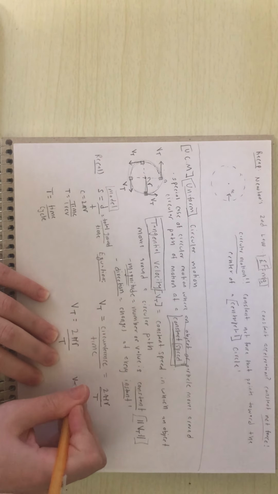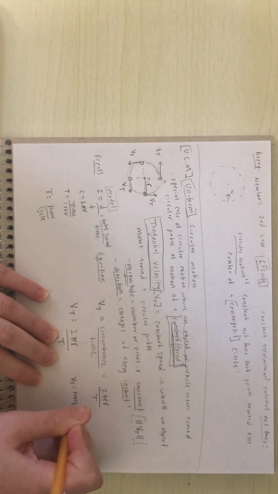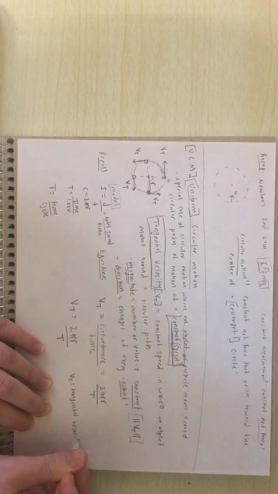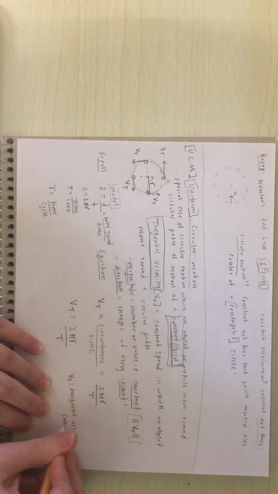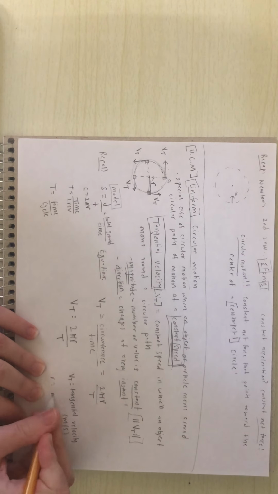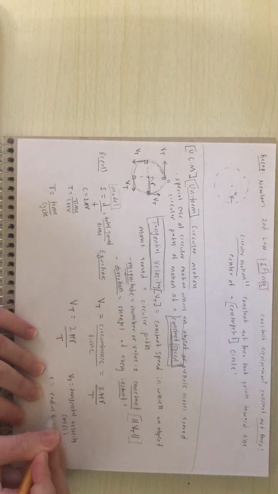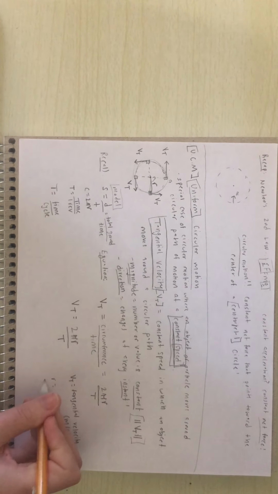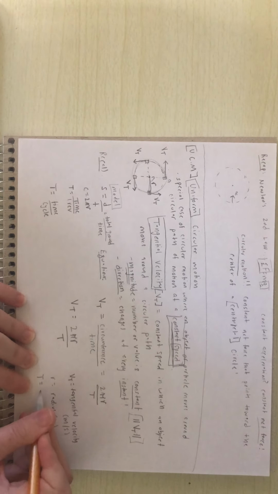Okay, so V sub t is tangential velocity, measured in meters per second. R is the radius of a circle, measured in meters. T is the period.